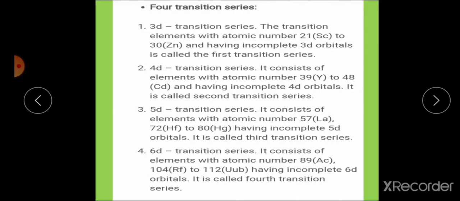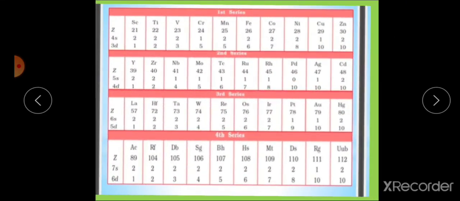They have incomplete 6d orbitals. These are the 4 transition series present in the D block: scandium to zinc, yttrium to cadmium, lanthanum to mercury, and actinium to copernicium.